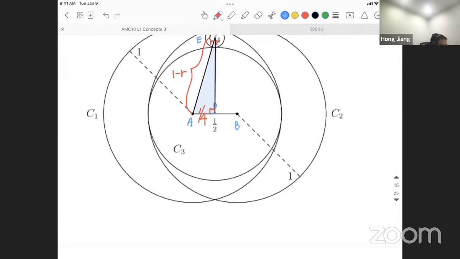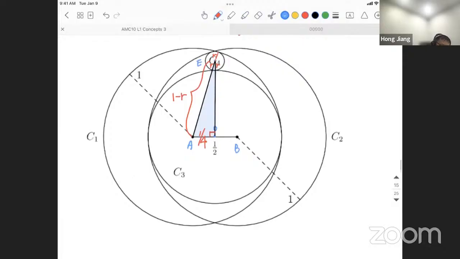If this is 1 over 4, let's have a quick look. If I can figure out the value for this guy, my work is done. I'm going to use the Pythagorean theorem to solve the problem. How can I figure out the value for this yellow one? Let me do a quick connection and extension here.